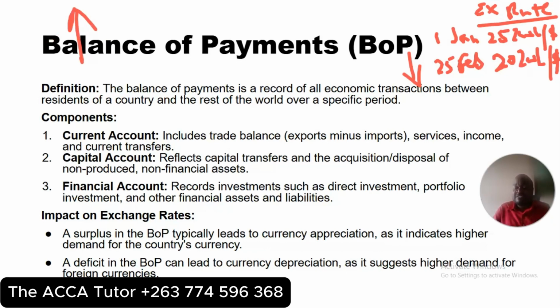If the exchange rate is increasing, for example, if today the rate was 40 ZWL to $1, it simply means that the currency is depreciating, right? So do not like it when the figures are increasing day after day.